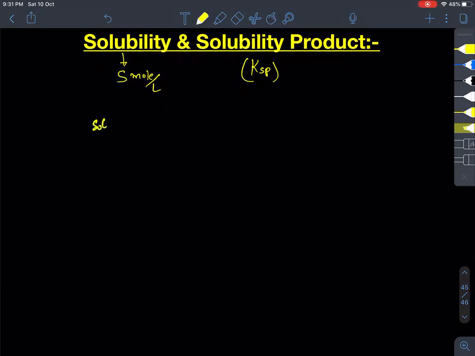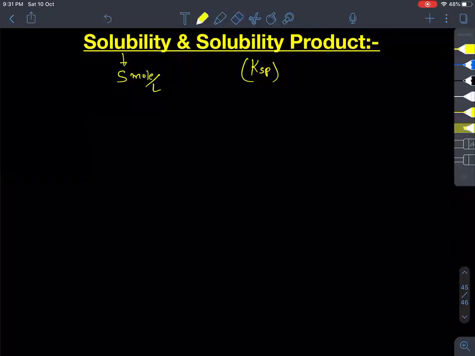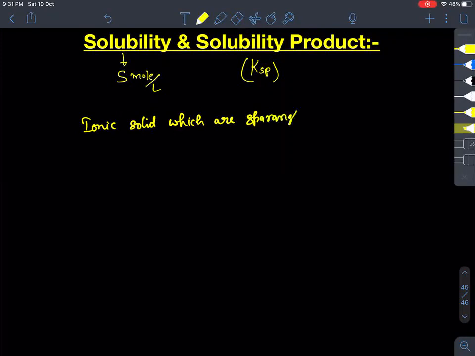So this whole term is valid for ionic solids which are sparingly soluble, or in other words, for weak electrolytes which exist in the solid state.